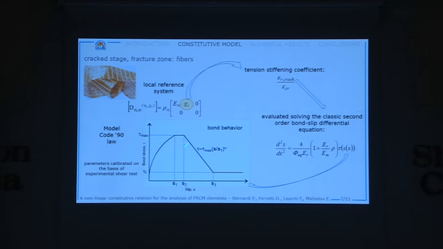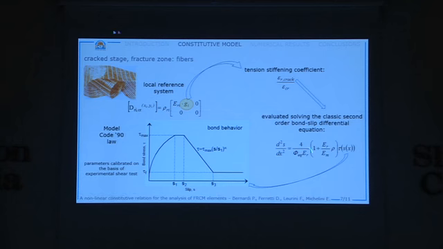As you can see, the elastic modulus of the fiber grid is multiplied by a tension stiffening coefficient, that is the ratio between the strain of the fiber grid and the total strain in the fractal zone. This contribution, the strain of the fiber grid, can be evaluated after solving the classical second order bond slip equation.